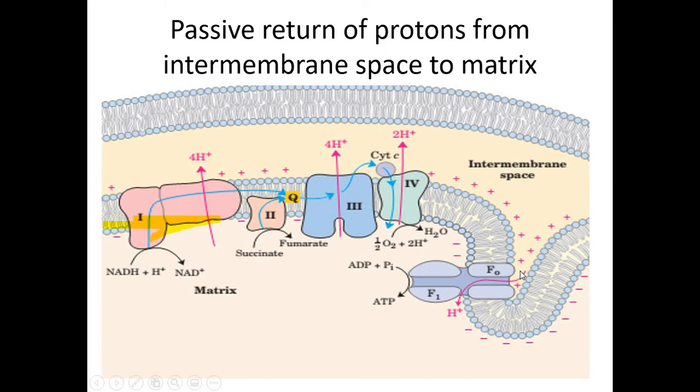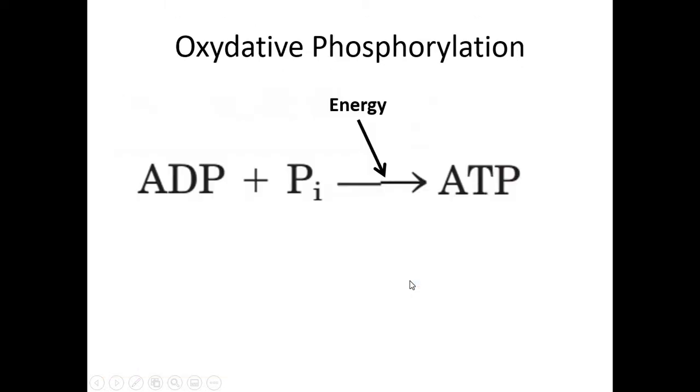This energy will be used to make the ATP, because ADP plus phosphate gives ATP. This particular reaction requires energy, and this energy comes from the passive entry of the protons from intermembrane space to matrix.